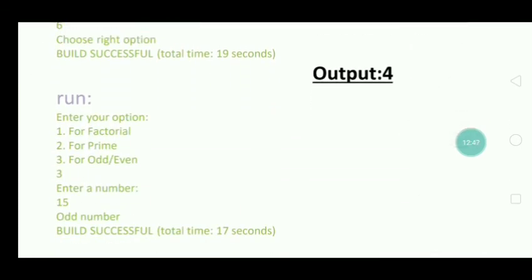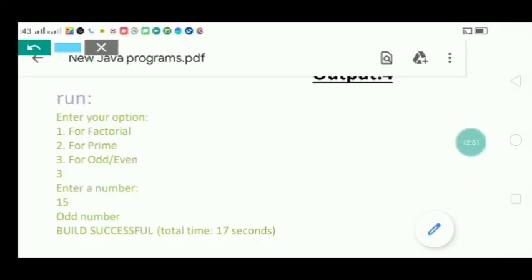In the fourth case, I entered 3 from the keyboard, which is for finding out whether a number is odd or even, and it has shown us the output: 15 is an odd number.